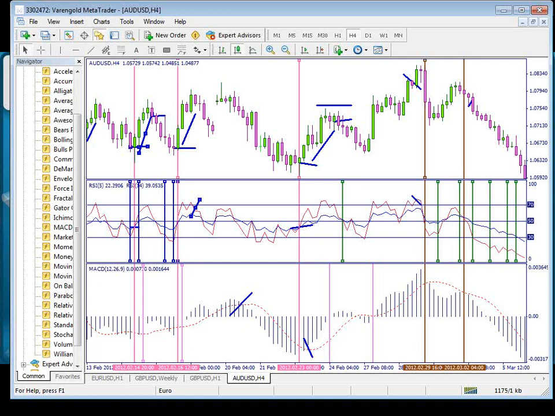Right. On a visual basis, if the MACD candle is far from the zero line, it will usually pull back.